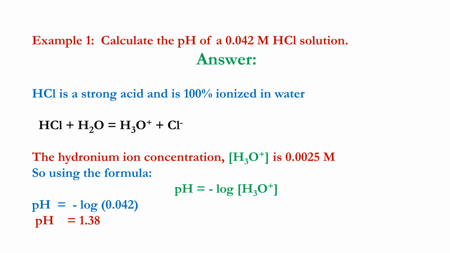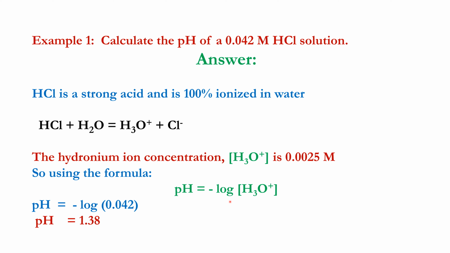If you're asked to calculate the pH of a 0.042 mole HCl solution, we know already that HCl is a strong acid. Because it's a strong acid, it will ionize completely in water. So when it ionizes in water, it will form hydronium ion plus Cl minus. To calculate the pH, we use the formula pH equals minus log hydronium ion concentration.